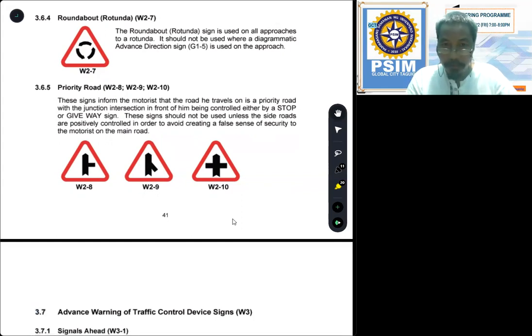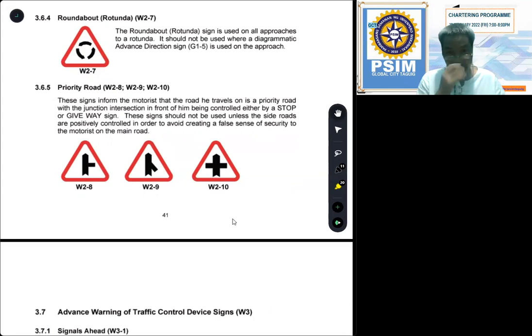These signs inform the motorist that the road he travels on is a priority road, with a junction or intersection in front of him being controlled by either a stop or give way sign.